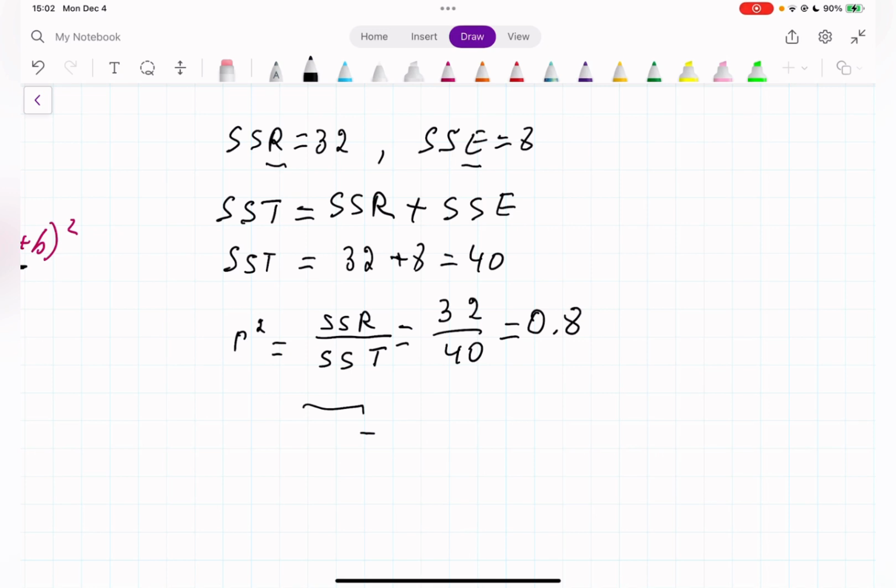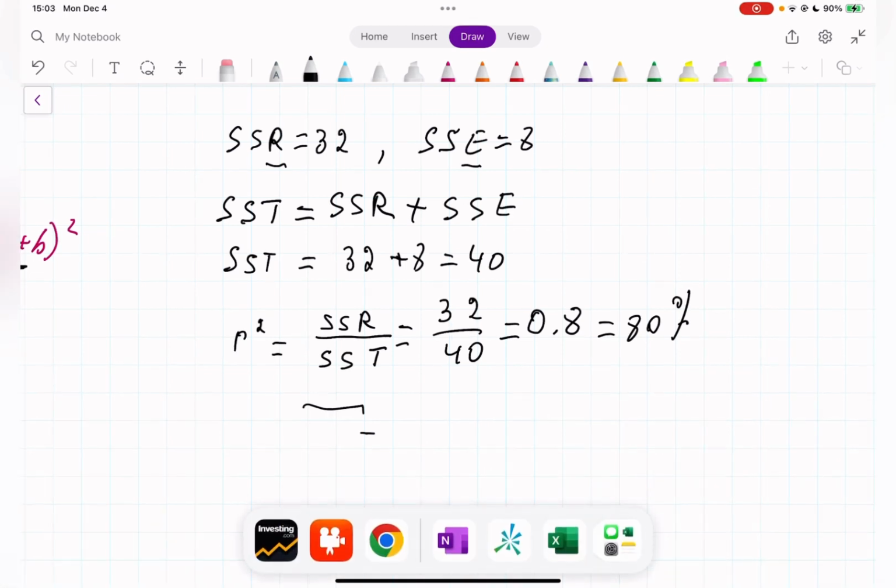From the 0.8 in decimal notation, it's going to be 80%. In our case it's going to be 80%.